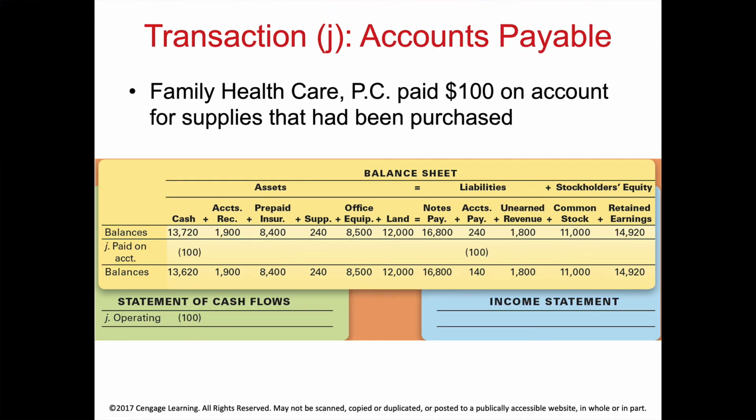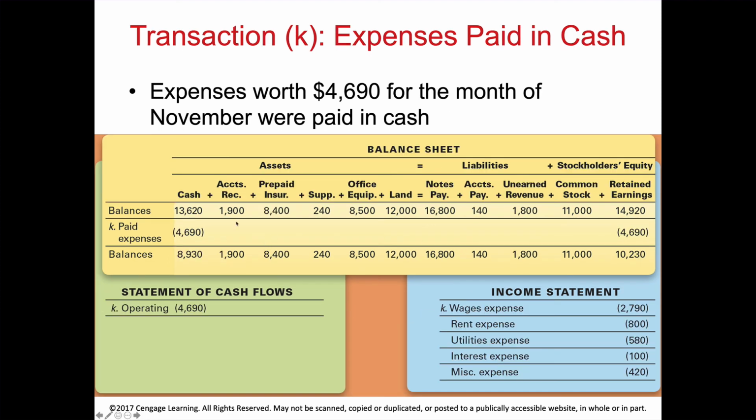And then they paid $100 of that bill that they had for $240 of the supplies. Right, so they paid $100 on that bill. Their supplies accounts payable went down by $100, and they're left with $140 at the end of the day on their accounts payable.